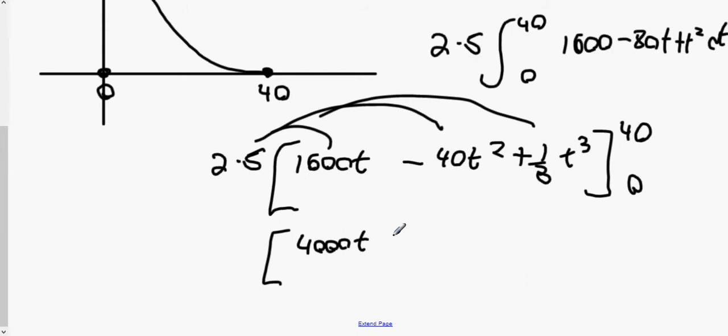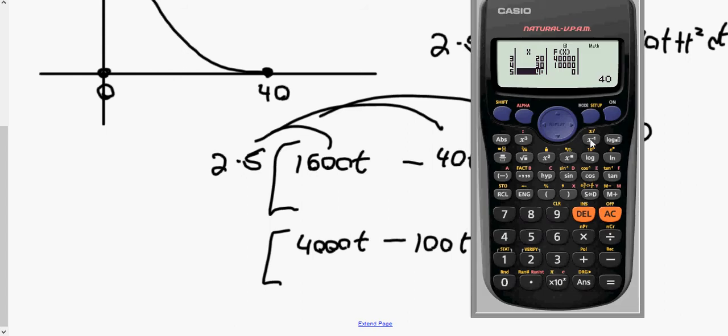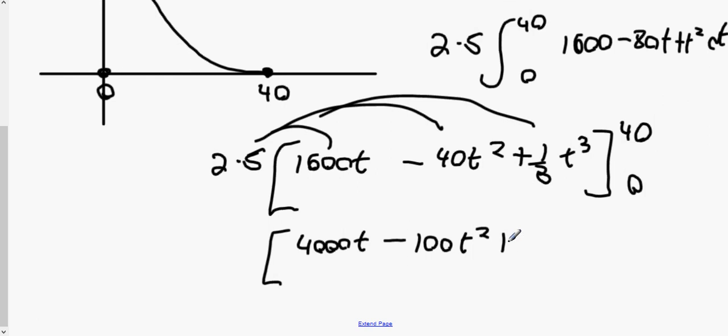That one there is going to be minus 100t squared, and finally the last one is going to be 5 over 2 multiplied by a third. So 2.5 is 5 over 2, multiplied by 1 over 3, we'll get 5 over 6. So plus 5 over 6 t cubed from 0 to 40.